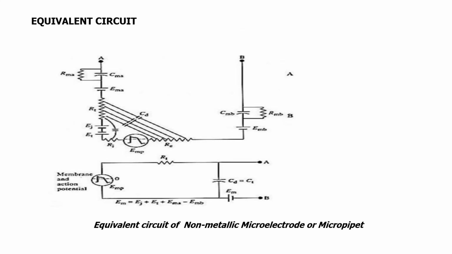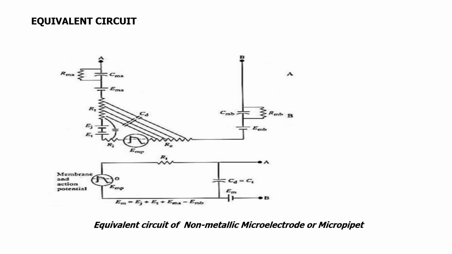Now we will see the equivalent circuit of the non-metallic microelectrode or micropipette. The internal electrode in the micropipette gives the metal electrolyte interface components, that is RMA, CMA and EMA. There are two potentials associated with the tip of the micropipette microelectrode. The liquid junction potential EJ corresponds to the liquid junction set up between the electrolyte in the micropipette and the intracellular fluid.